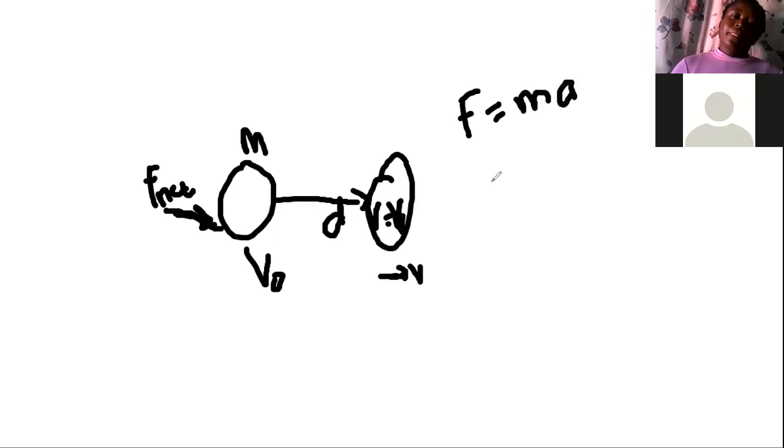And we define that the work done is equal to the force times the displacement, the distance it covers.